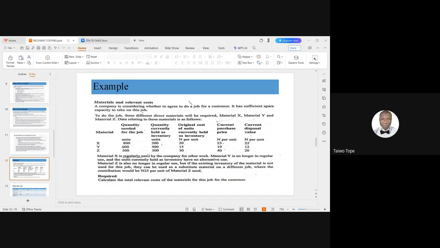You will sacrifice the disposal value. So when you use 400 units internally, it means you won't get 12 naira per unit on 400. So what is the opportunity cost of using 400 internally?